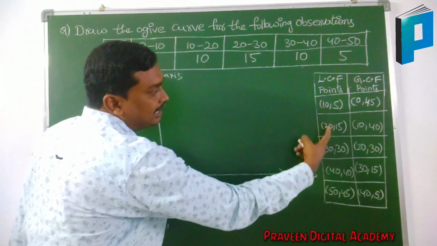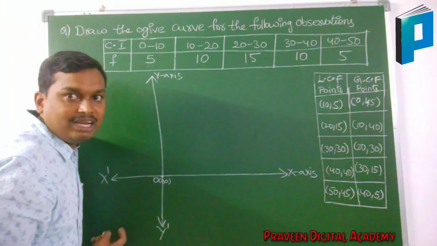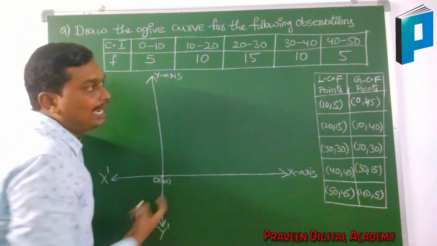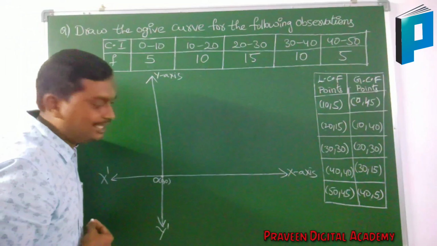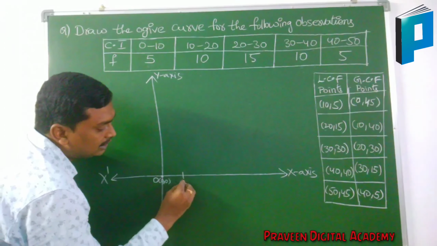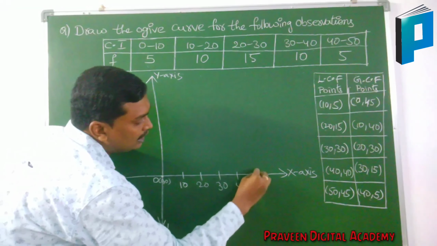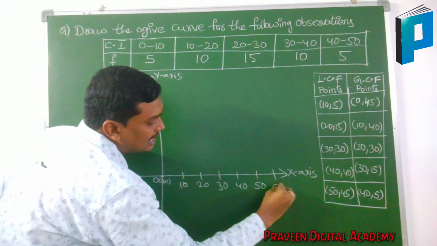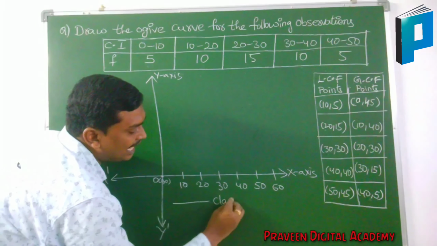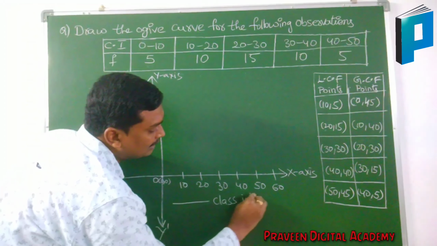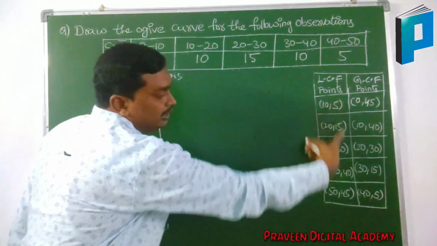Here we are having 10, 20, 30, 40, 50. Here 50 is the maximum class interval on the x-axis, and the highest value on the y-axis is 45. So you can take 10, 20, 30, 40, 50, 60 on the x-axis. What did I take on the x-axis? Class intervals. And on the y-axis?